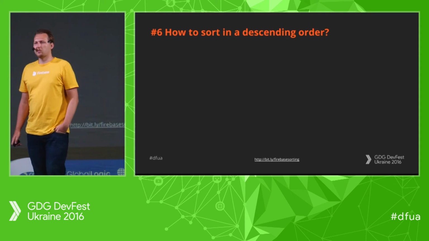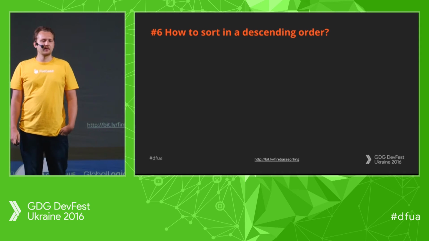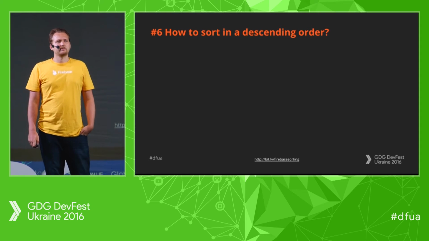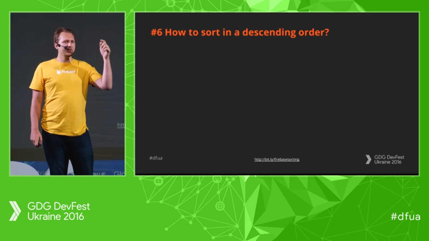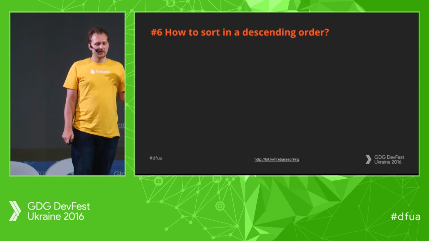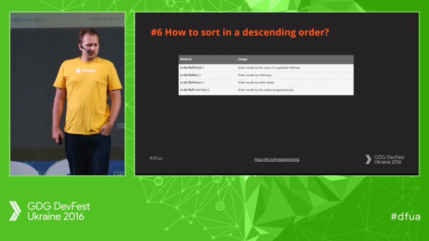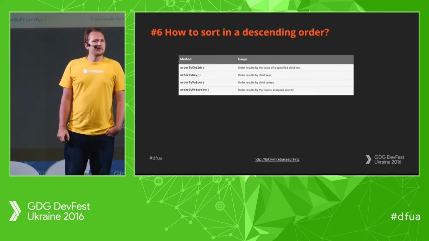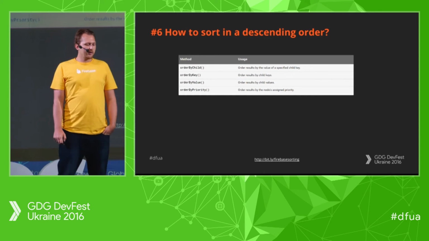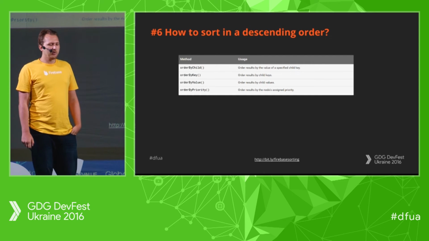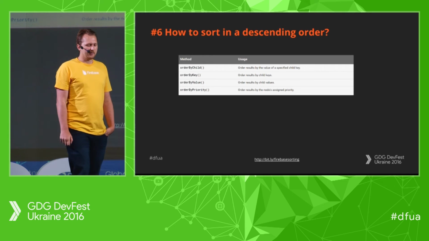Okay, another problem we have been dealing with is how to sort items in a list coming from Firebase in descending order. Because by default, it's in ascending order. Here's an API for how you can sort stuff in Firebase.